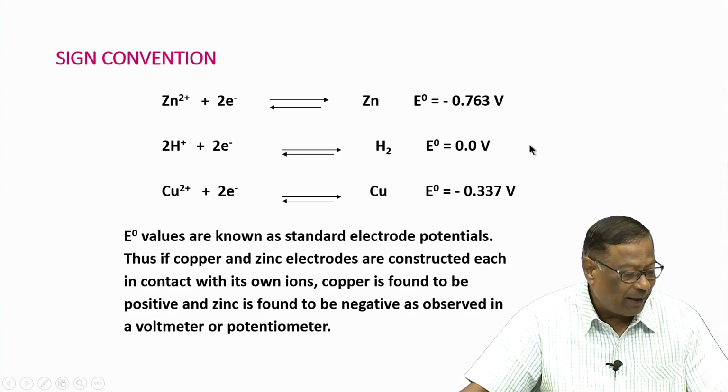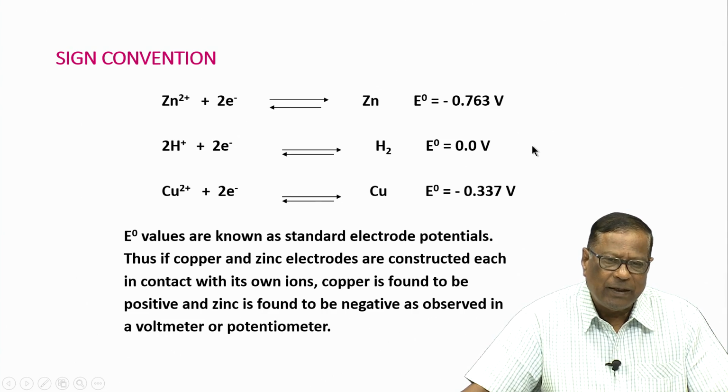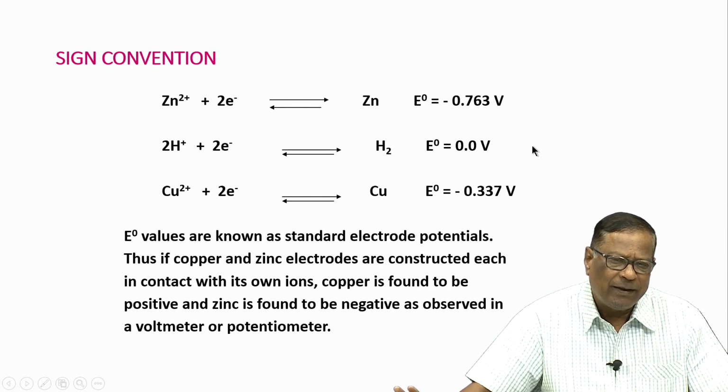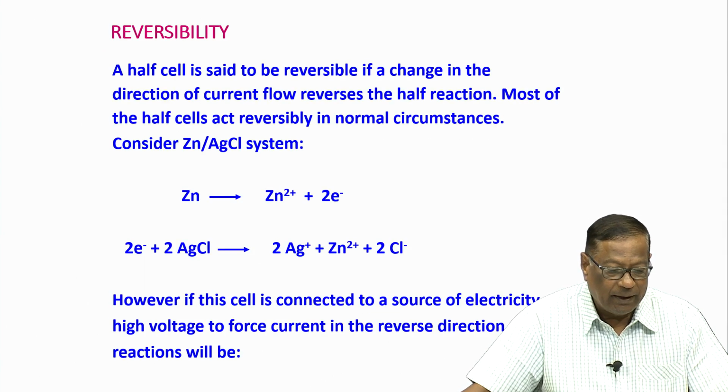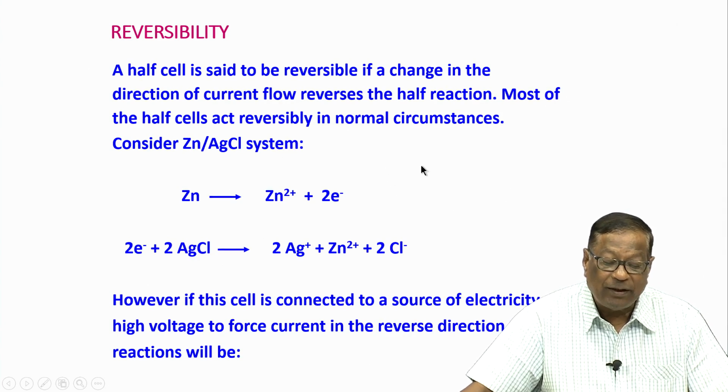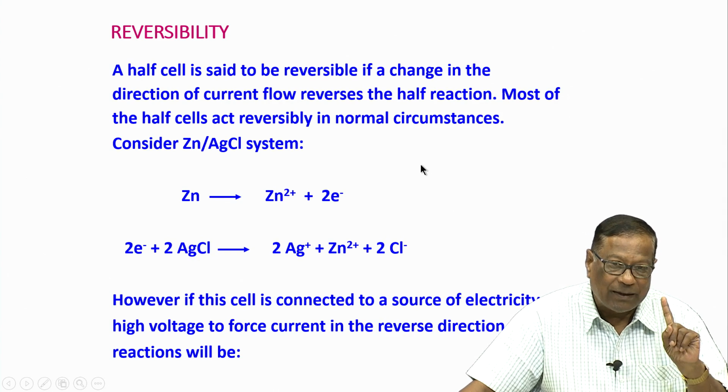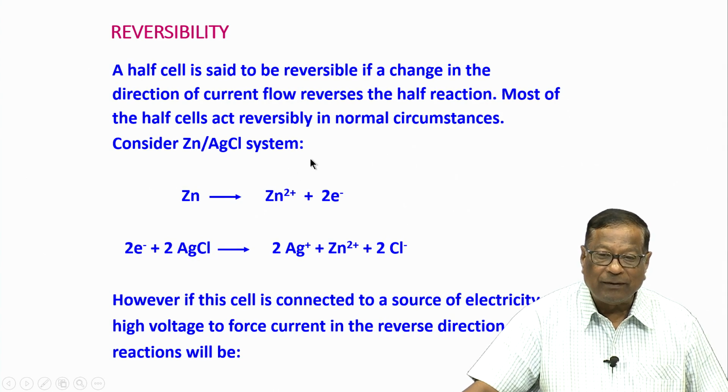Henceforth, please write all electrochemical reactions as reduction reactions, that is the message. Okay. So, we define a term what is known as reversibility. A half cell is said to be reversible, half cell, okay, not full cell.